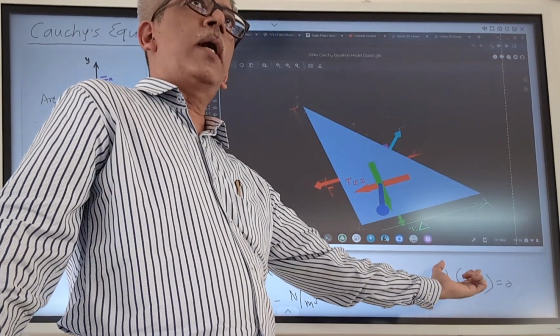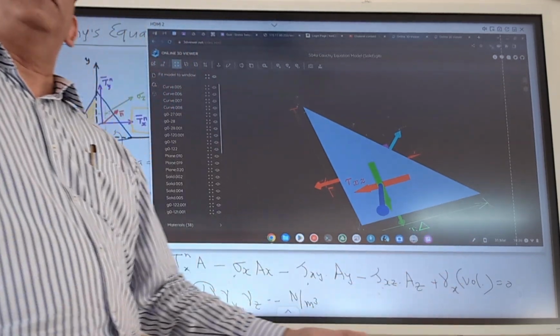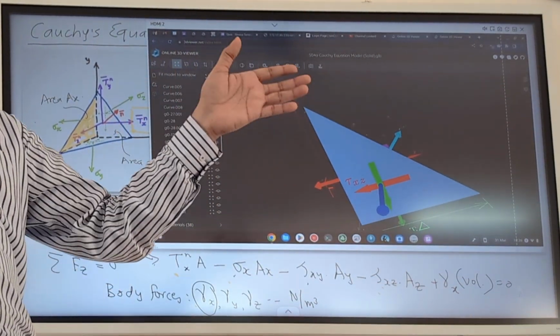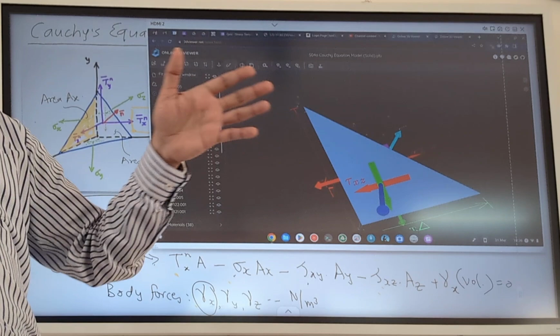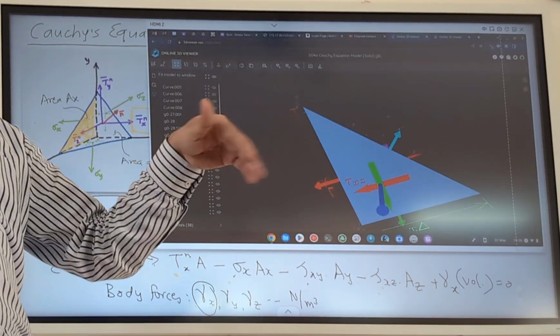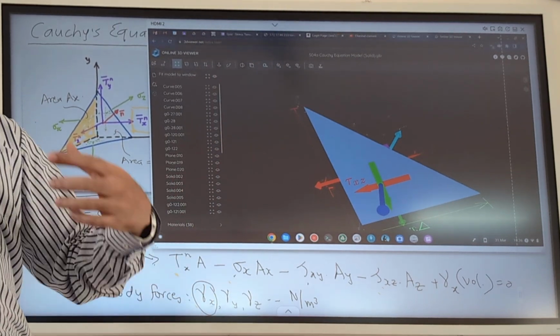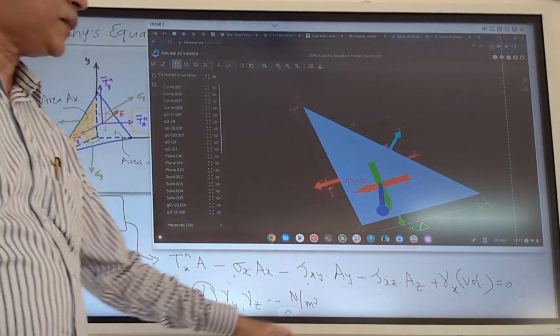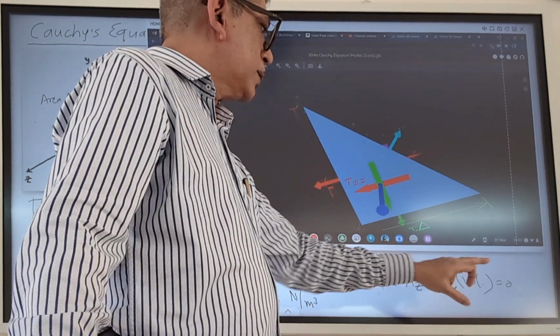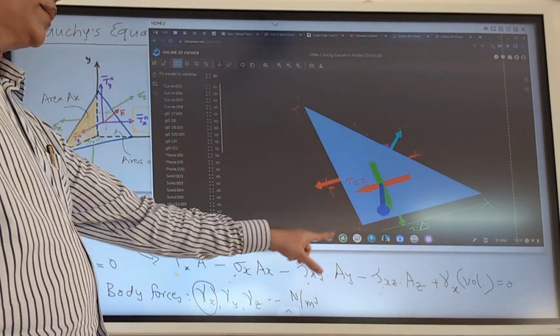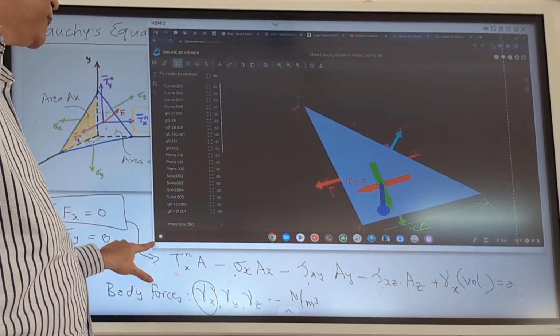And this is the volumetric force, what we call a body force, which acts in the x direction. This body force arises because the body may be accelerating in that direction, or simply there will be some magnetic pull, or there can be some gravitational pull in the x direction. Okay, so that is the thing. Now we have to simplify this particular equation.